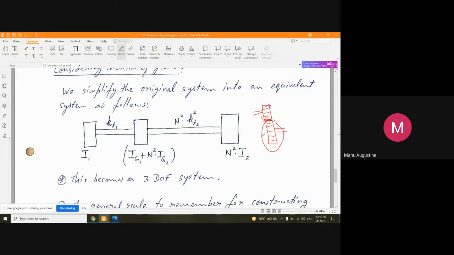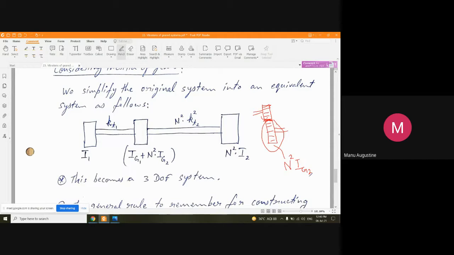So without forgetting the value of inertia, if I want to eliminate this gear and put a simple shafting mechanism like this, then all I have to do is simply multiply the inertia of the gear, which let us call IG2. The suffix 2 represents anything that is on the driven side.